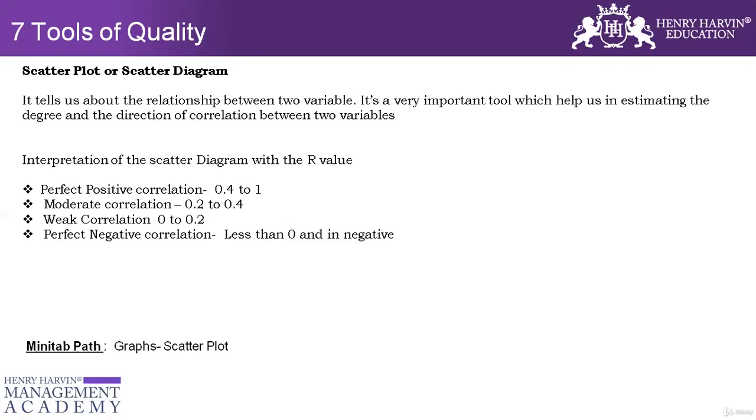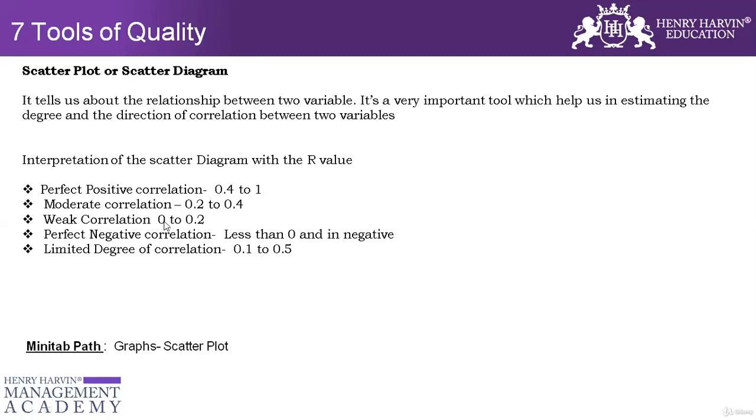To understand it better, there are certain significance levels that have been given. If the R value is between 0.4 to 1, we call it a perfect positive correlation. It's a positive correlation, but we call it perfect because the R value is good enough. If it is 0.2 to 0.4, we call it a moderate positive correlation.